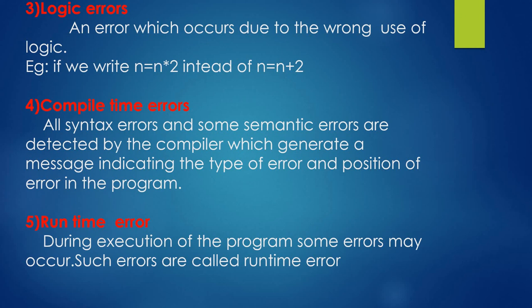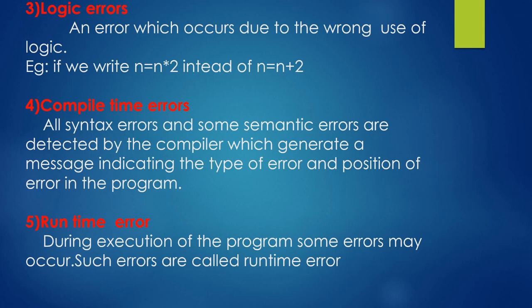Suppose in your program, an error is happening in the 5th line. Then the compiler shows that in line number 5 there is an error and a semicolon is missing. Like that it shows the message also, the type of the error and the position of the error in the program, in which line the error is happening.